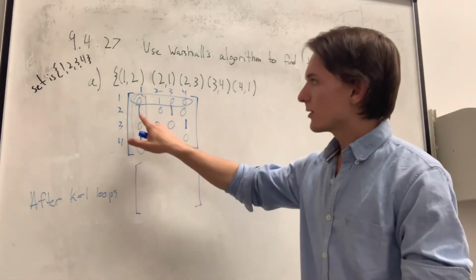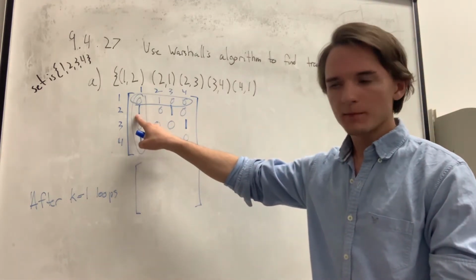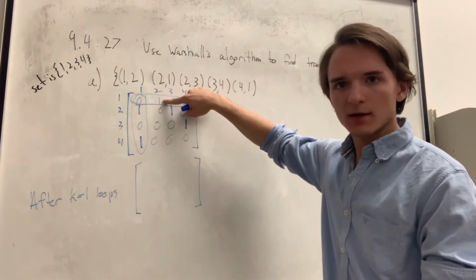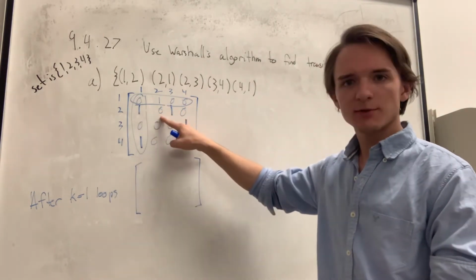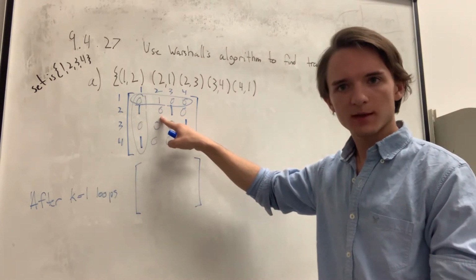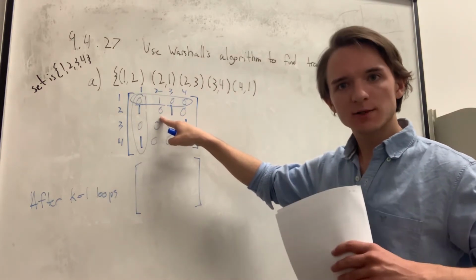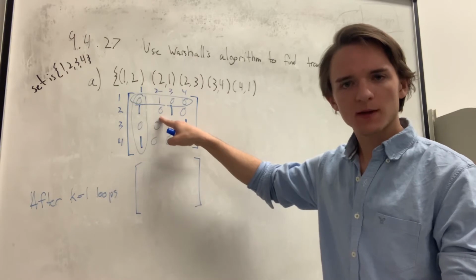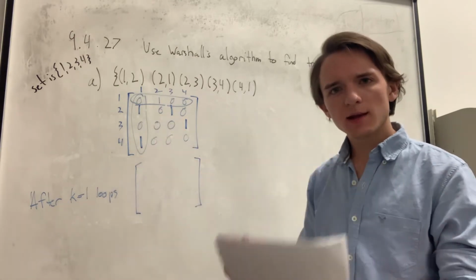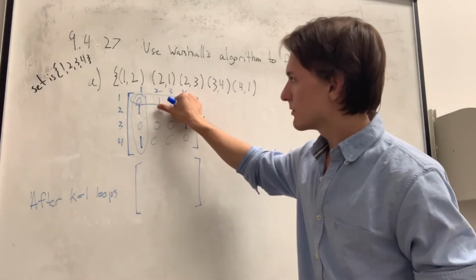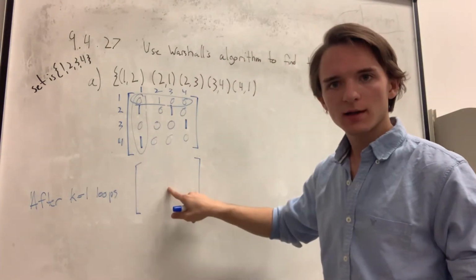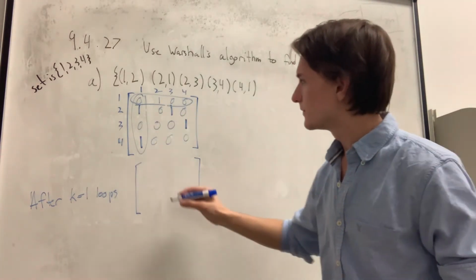For example, here we have a 1 in our column and a 1 in our row. They intersect right here at a 0, at 2, 2. We are going to turn that 0 into a 1. In essence, we're creating a transitive relation that does not exist. So this 0 is going to become a 1 in our updated matrix.